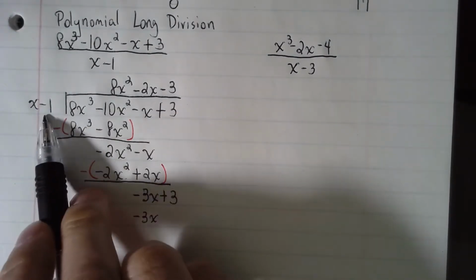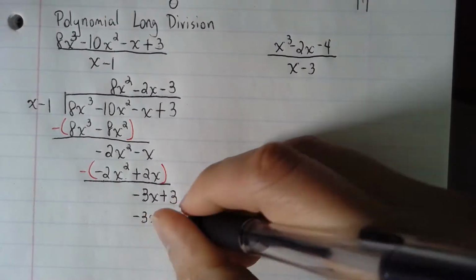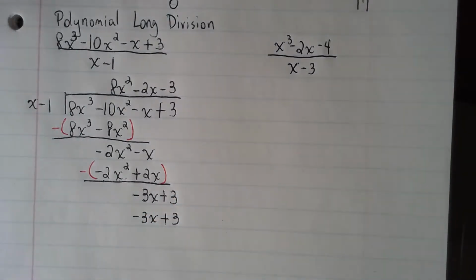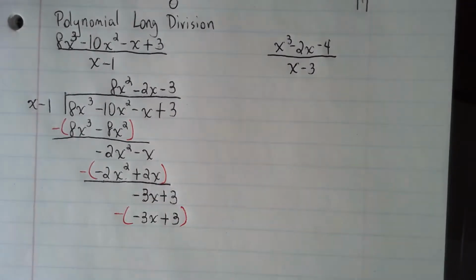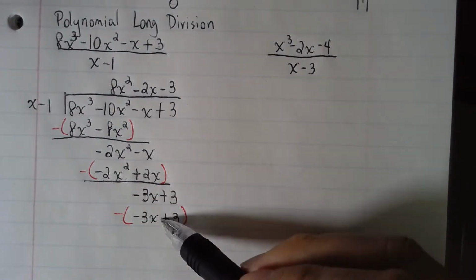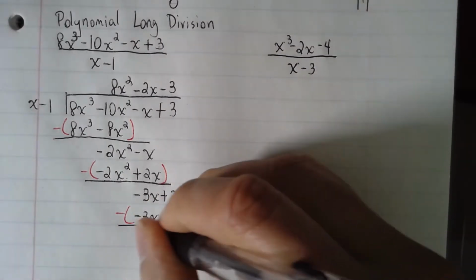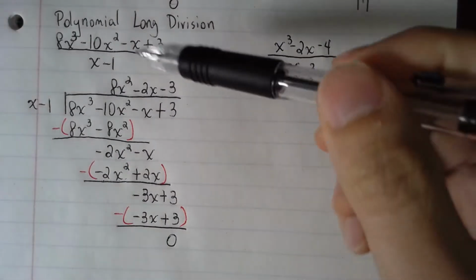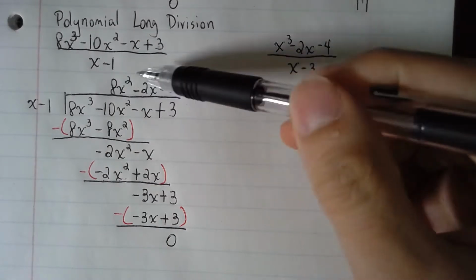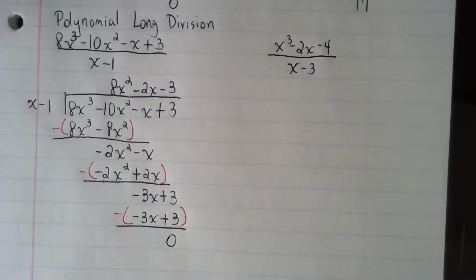Negative 3 times negative 1 is positive 3. And we subtract the whole expression once more. Since they are exactly the same and we're subtracting, we know that that is 0. And your answer therefore is 8x squared minus 2x minus 3.